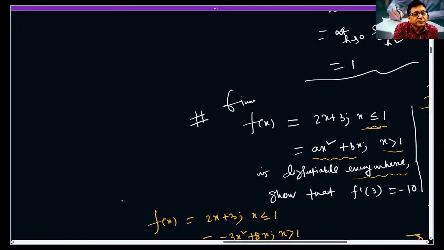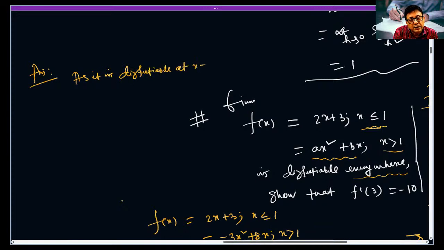What is that? So this alternative way I am telling you, as it is differentiable at x equal to 1, so left f dash 1 equals right f dash 1. You only told us limit.